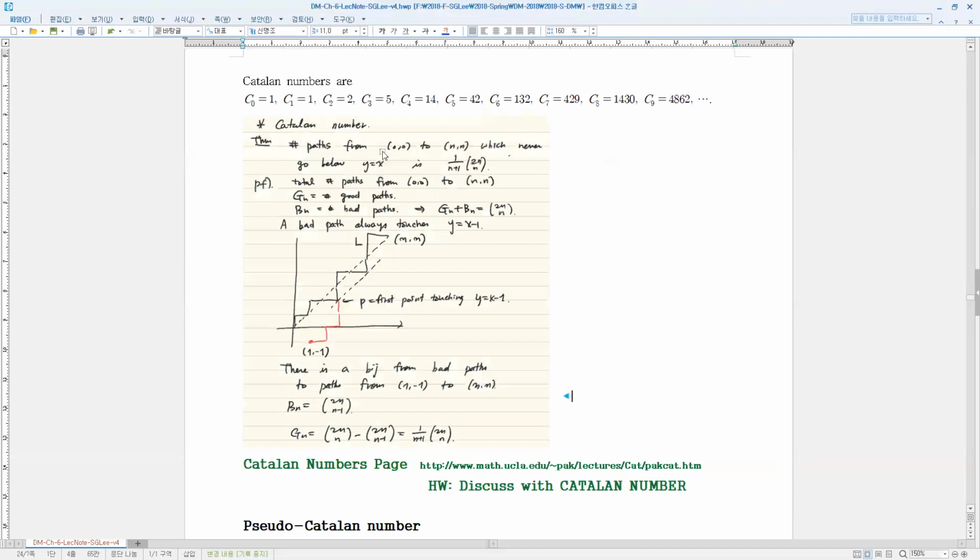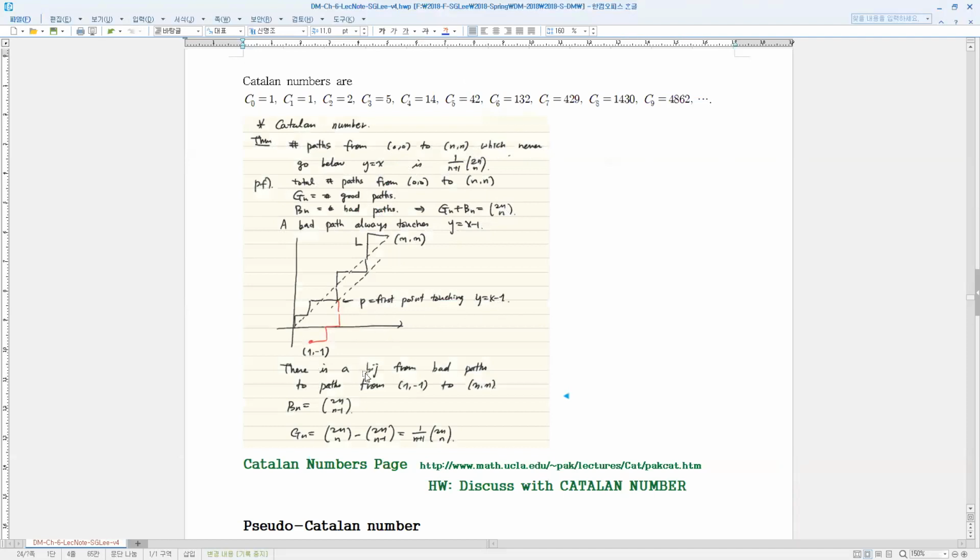The number of paths from 0 to n to n which never go below y equals x is this number. The total number of paths from 0 to n to n is the sum of good paths and bad paths, which should be 2n choose n. A bad path always touches y equals x minus 1, so let P be the first point touching y equals x minus 1.